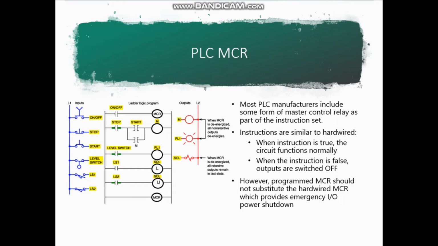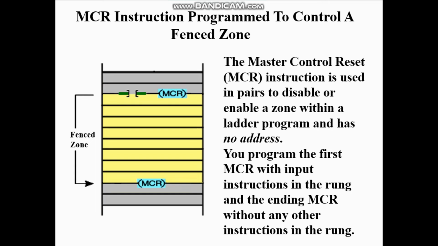Okay, so the MCR instructions are programmed to control what we call a fence zone. So it's like you have a gate at the front and at the end of the program. It is always used in pairs to enable or disable a zone within a ladder program, and usually it has no address.